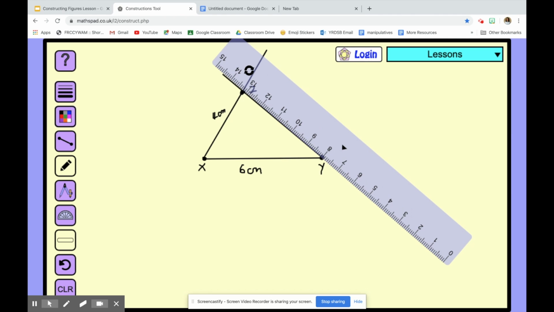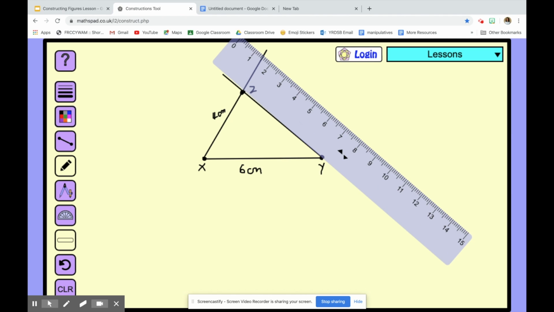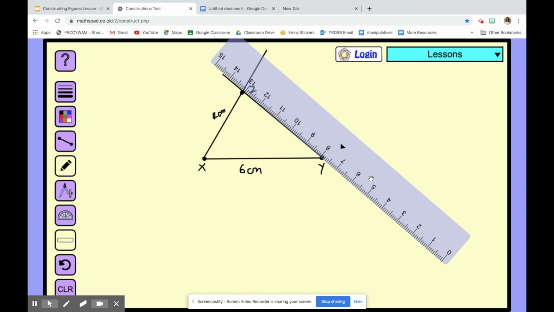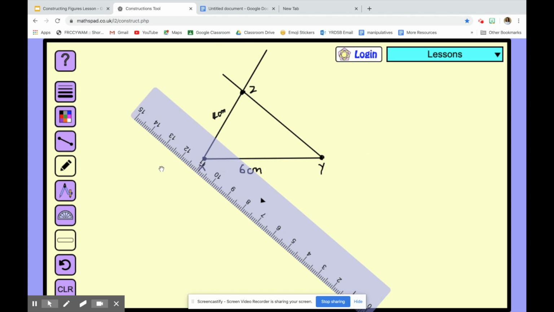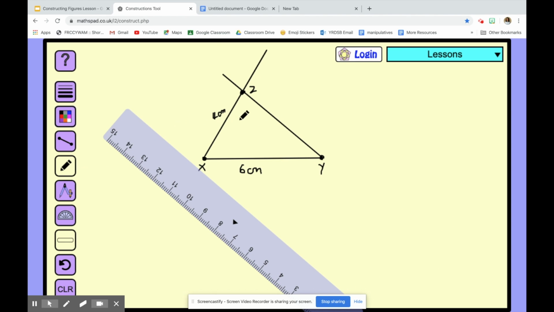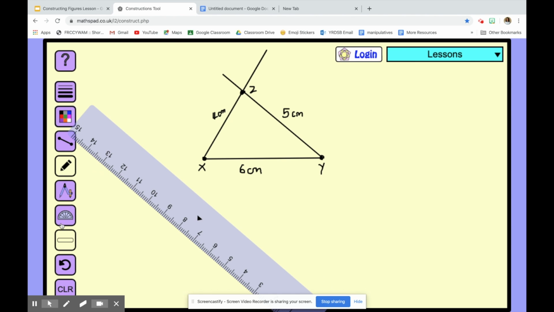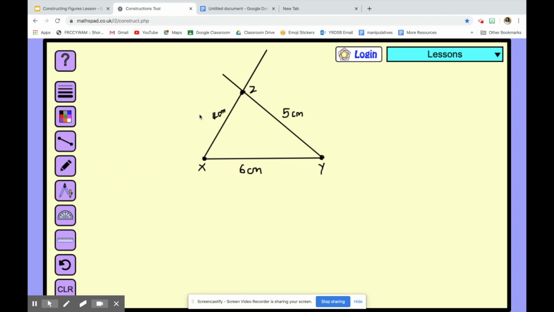And as I said, it's going to be a whole number. So 1, 2, 3, 4, 5. All right, so let's put in our measurements. Perfect.